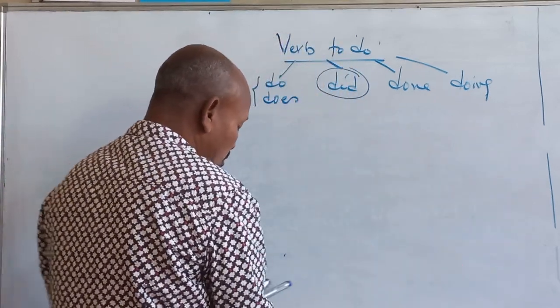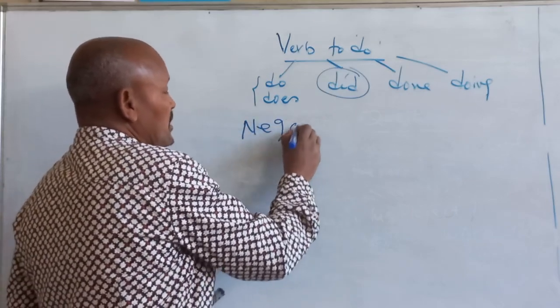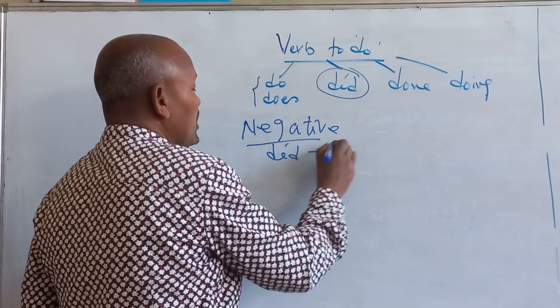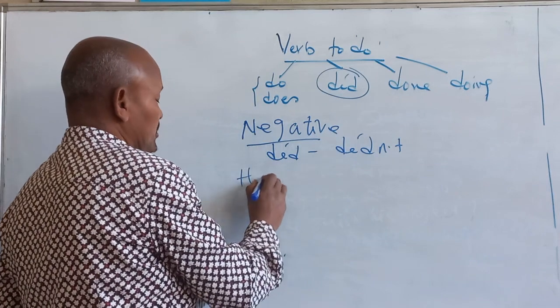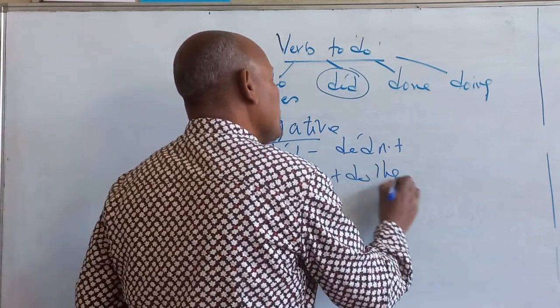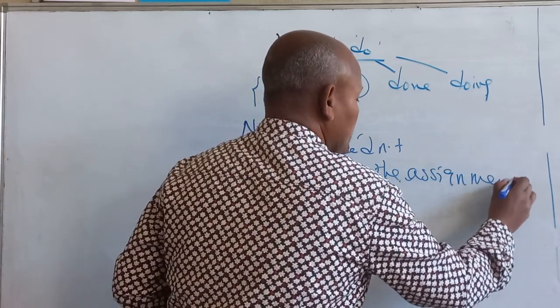It also has negative forms. The negative form of did is didn't. That is called, he didn't do the assignments. Yes, he didn't do the assignments.